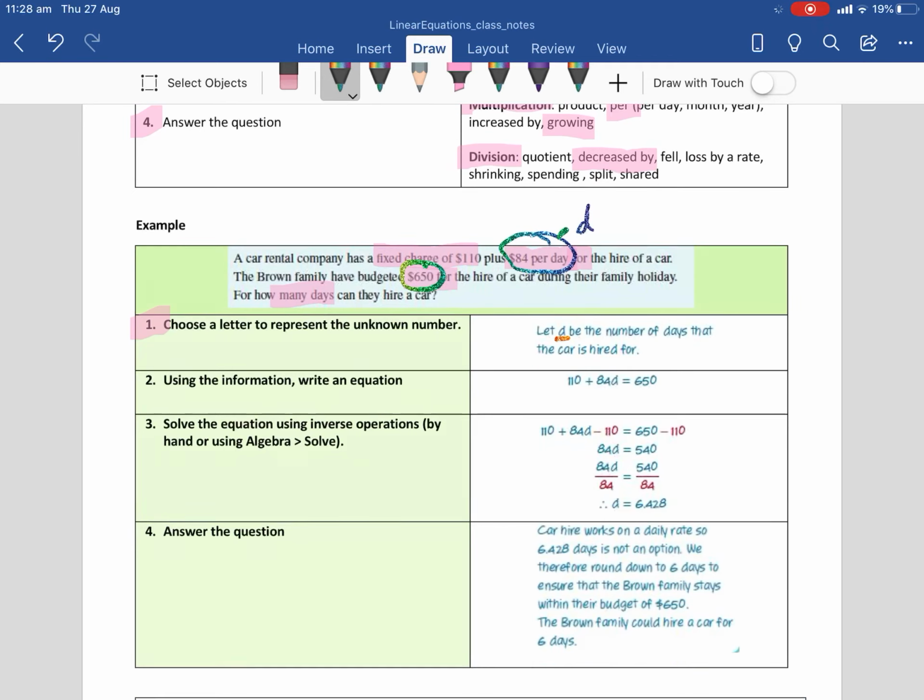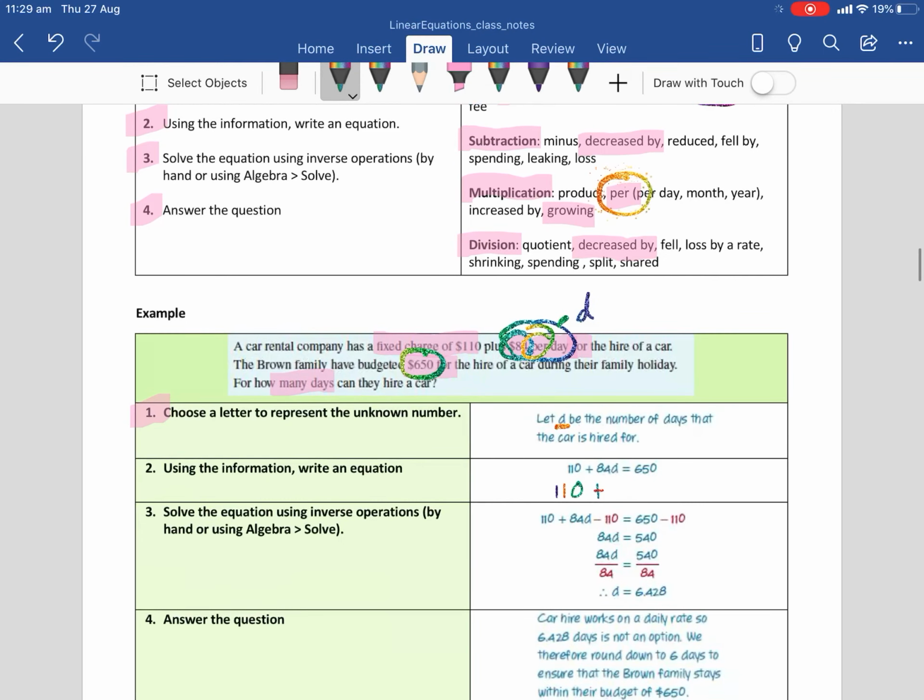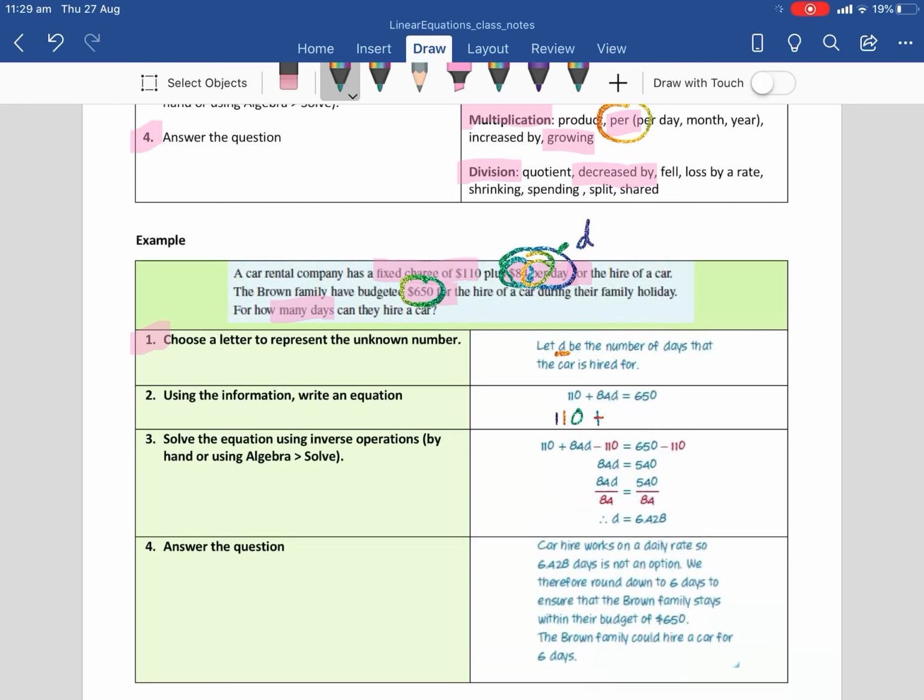So regardless, the car rental company charges you $110. And then on top of that, so plus, they charge you $84 per day. Remember that the word per means multiplication.